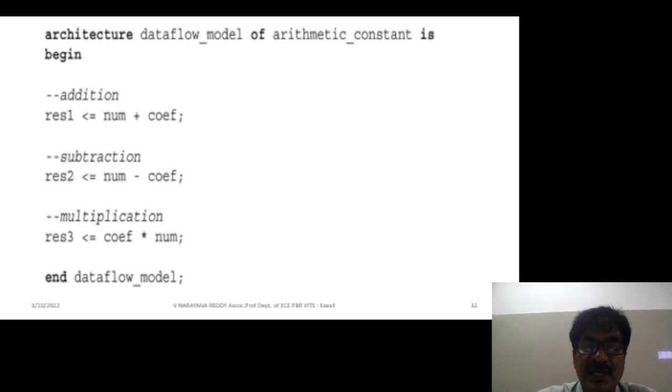Whereas in the multiplication case, the input number is multiplied with a constant value, the coefficient. Since the number has 8 bits and the constant also has 8 bits, in the multiplication case the expected bits are 16. That's why the third output, register 3, is declared with the size 15 down to 0, since it holds the multiplication result.